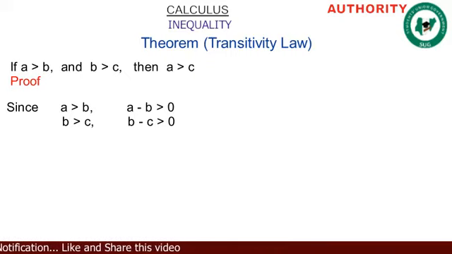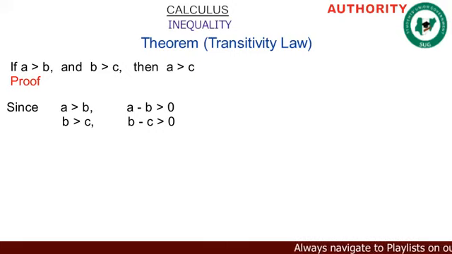Also, when you say B is greater than C, that means B minus C is greater than 0.